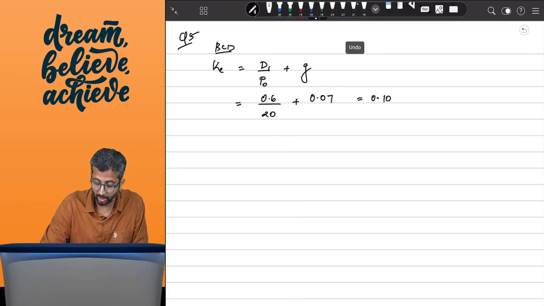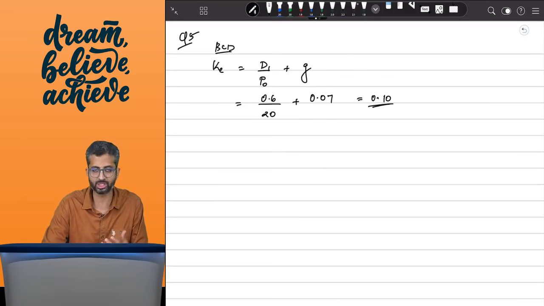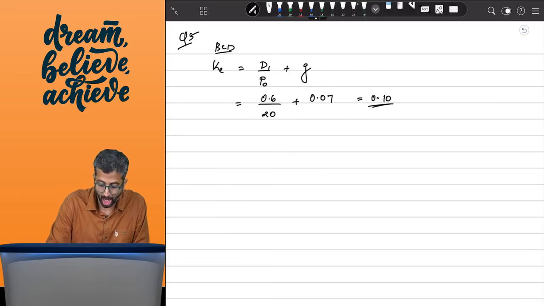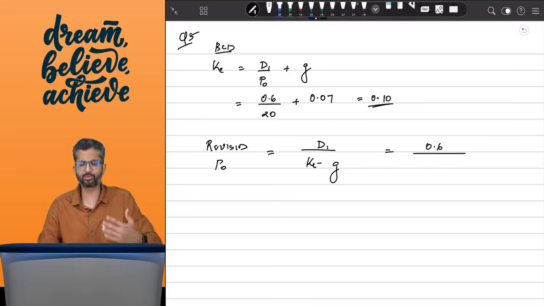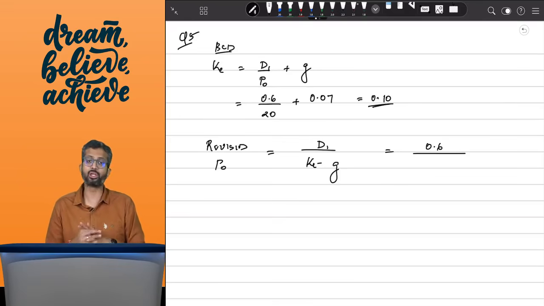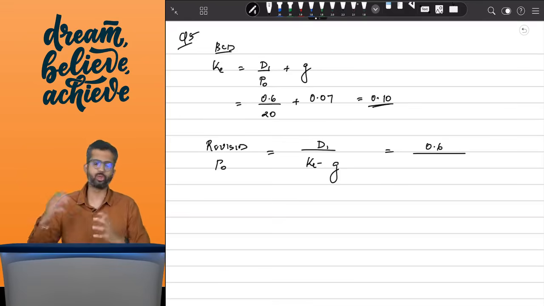Now unless given otherwise, we will say that the KE will remain the same because the risk of the operations doesn't change. So how will the revised P0 be in case a merger announcement happens for BCD? This will still be D1 by KE minus g. D1 is still taken as 0.6. Now a lot of students say that 0.6 must have been calculated using the 7% growth, so we'll have to rephrase it at 8%.